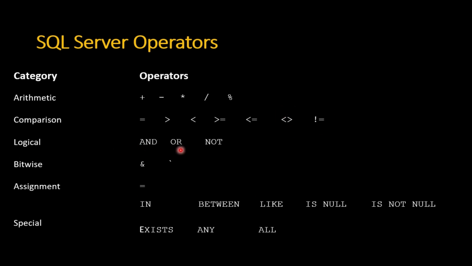And, or, not are logical operators. These are bitwise operators used to operate on binary numbers. The use of the assignment operator equal to we have already seen in the update set command. And all these are special operators. Our main focus in this lecture will be on logical and special operators.